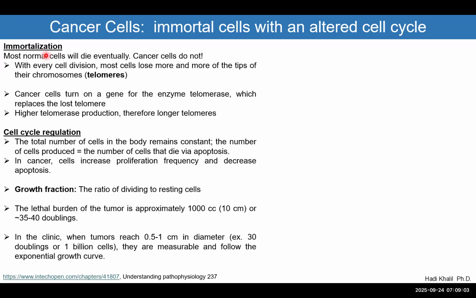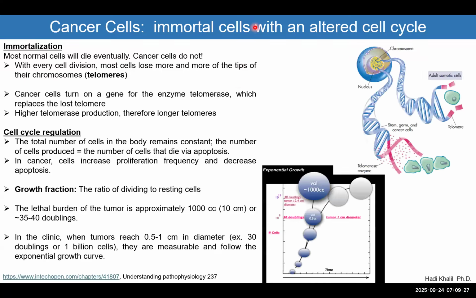Most cells of our body will eventually come to a point that they die, but the cancer cells are prepared to divide much, much longer, so they don't die, even if they acquire certain mutations or DNA damages or changes in the genes. And with every cell division, most of these cells have a protection that takes place. So what happens is that in cancer cells, there's an increase of the telomeres of our chromosomes.